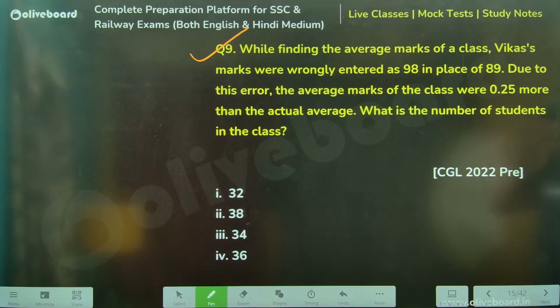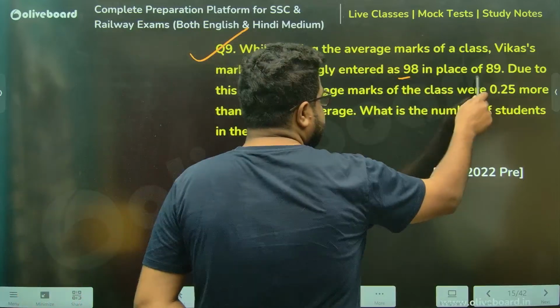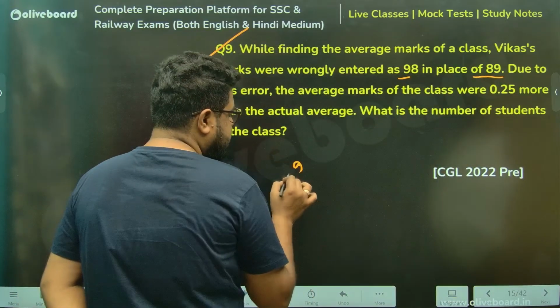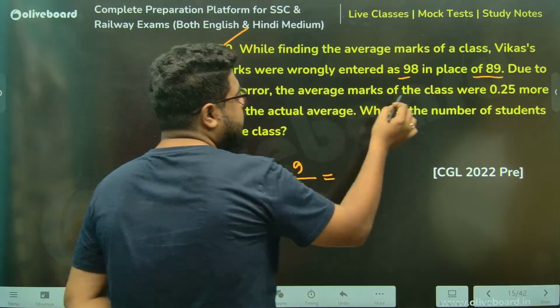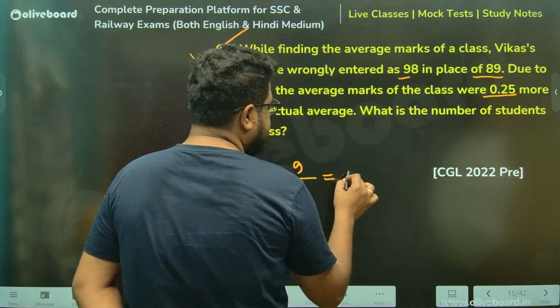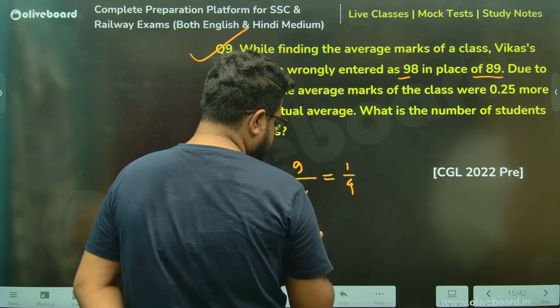Quickly. Deviation in this case, 98 in place of 89. Deviation is 9, divided by all the students, will create the difference in average of 0.25. Is it okay if I write it as 1/4?